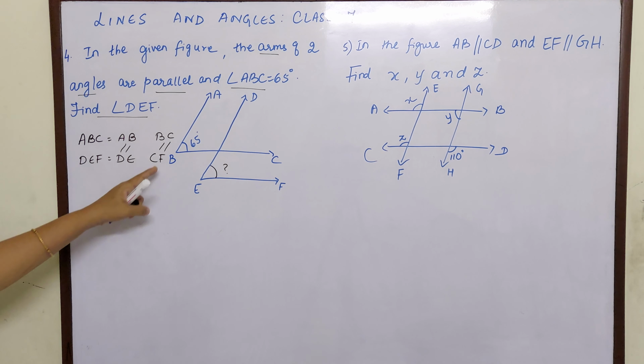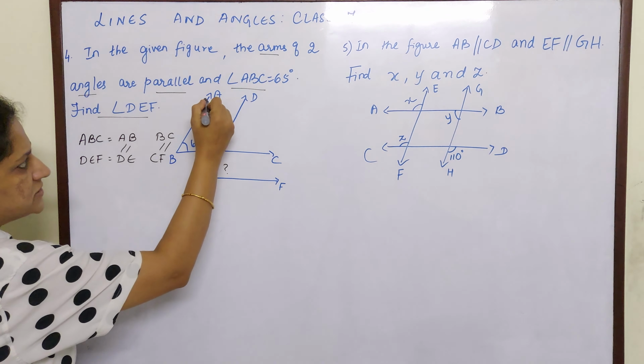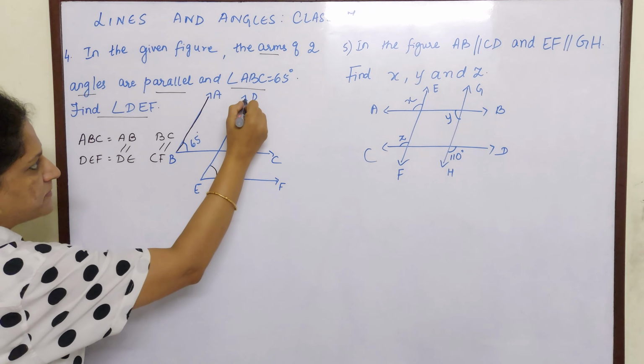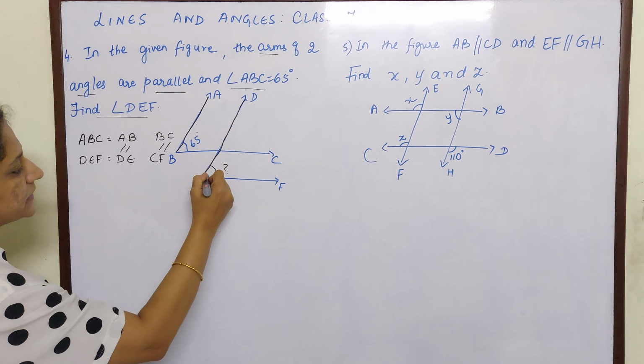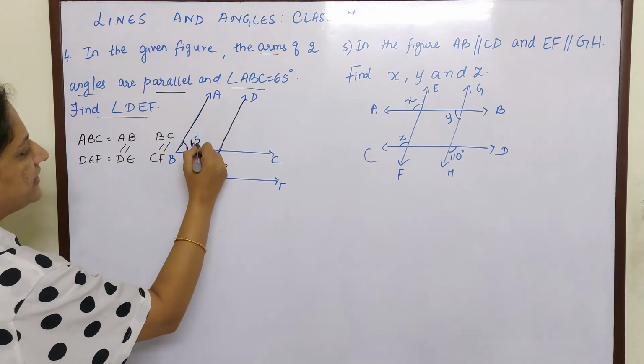Okay. So now we know children that AB is parallel to DE, right? So children, if this is 65 degrees, what will be this? Because when the lines are parallel, certain angles are equal, like interior angles, alternate interior angles, exterior angles, corresponding angles. If this is 65, what is this?